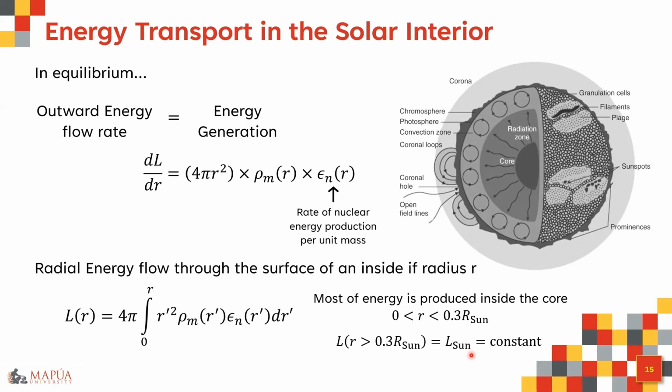Most of this energy is generated at the core, so this energy flow is happening outside the core, outside 0.3 of the radius of the sun. So this will be our limiting range: instead of 0 to R, we will use 0.3 R sun to the radius of the sun, R sun.